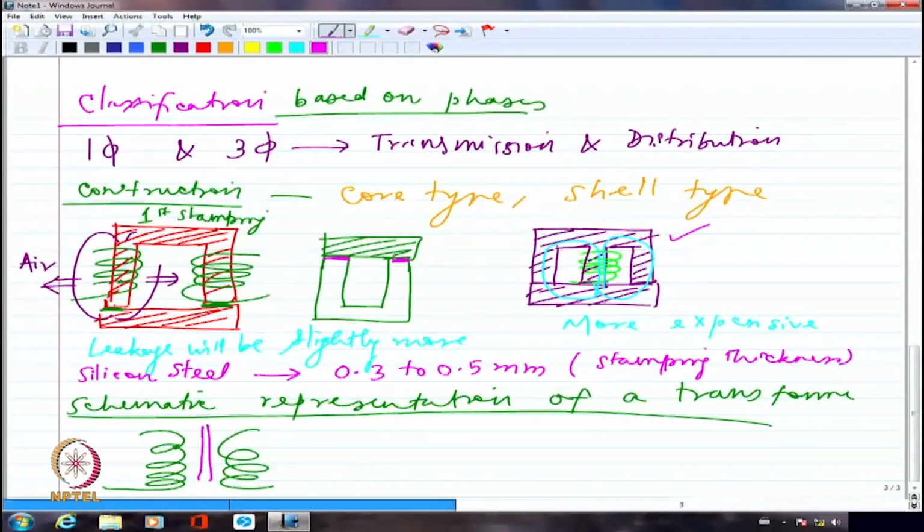So I'm going to apply maybe a voltage of V1 here, and I'm going to get a voltage of V2 as the output. Right? And because it is made up of silicon steel or a ferromagnetic material, to establish a flux which will cause electromagnetic induction in the secondary side, I would not require a large amount of MMF.